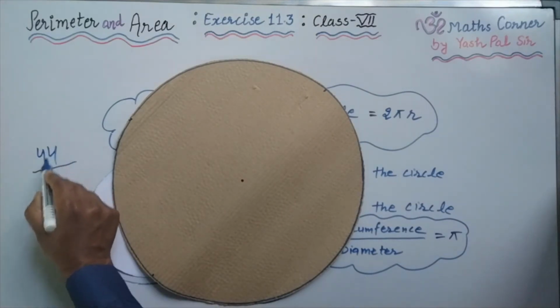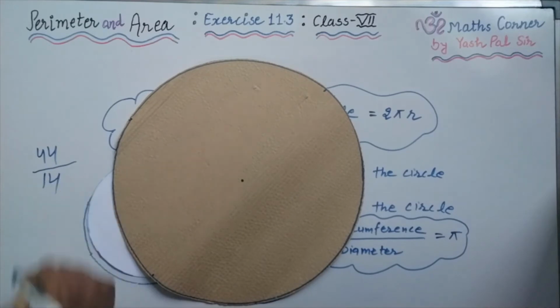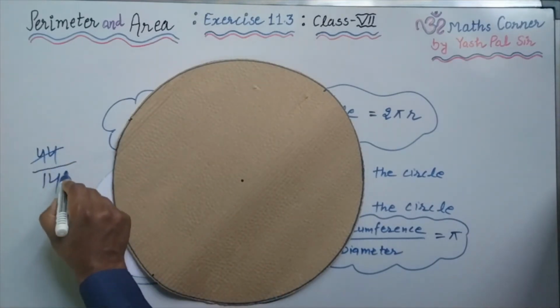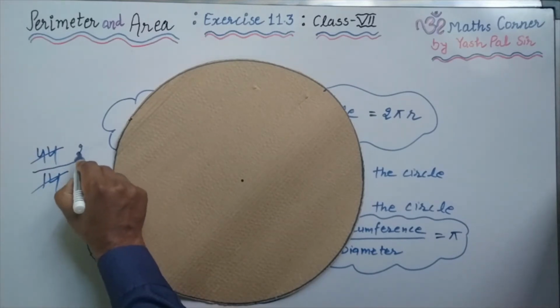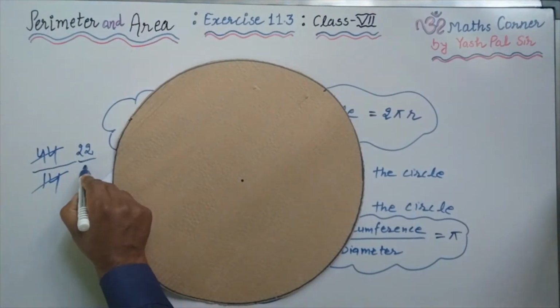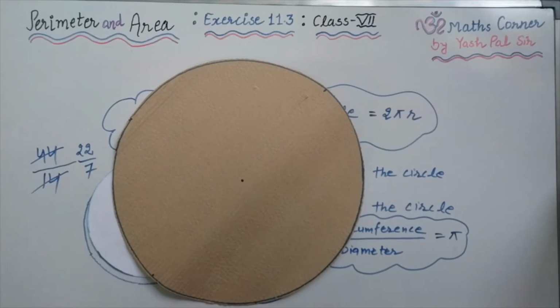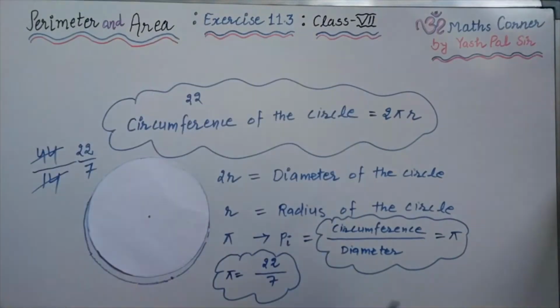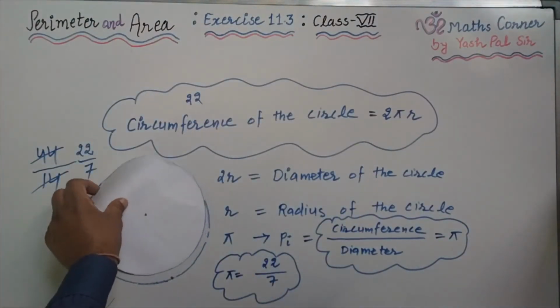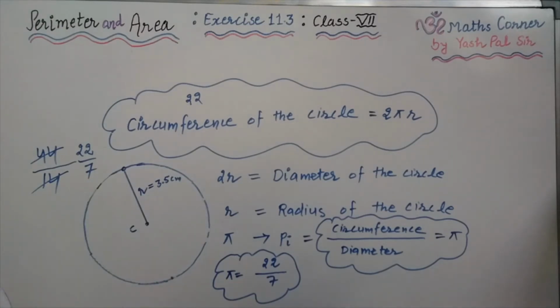Of course 22 into 2 is 44, so the diameter will be 14 of this bigger circle. That is, after cancellation, the final result in the shortest form is 22 upon 7. So this is the story of pi. This is true everywhere. So what is pi? Pi is the ratio of circumference to diameter of the circle, right?